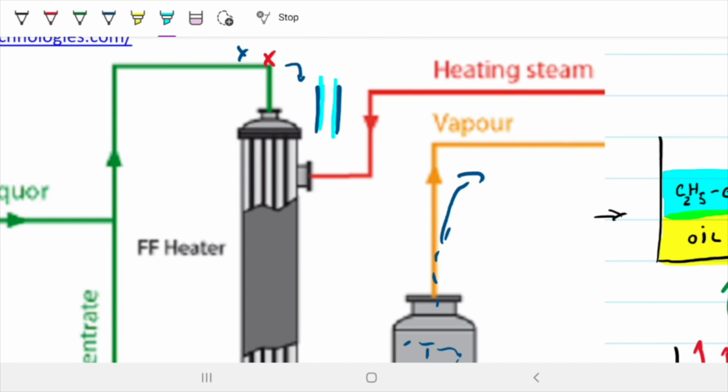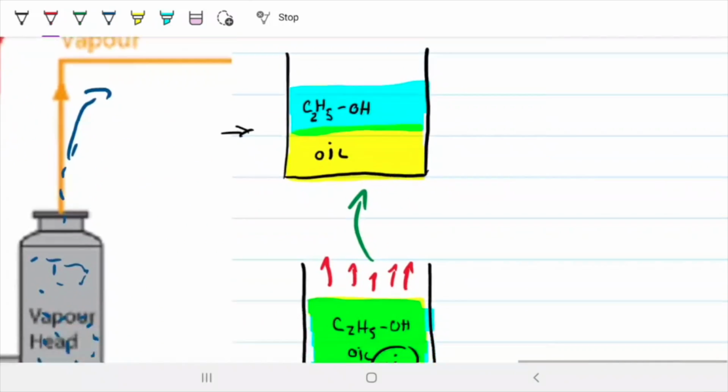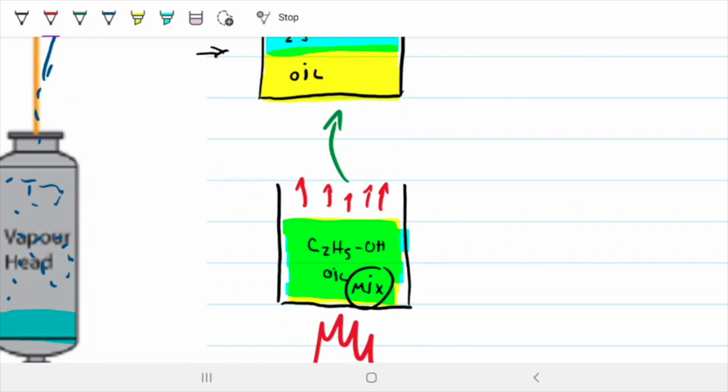That makes it more efficient to absorb the energy coming through the heating steam there, and it also means less mass to be heated up. So instead of having all of this, we have only a little layer of this mix on the bottom there.